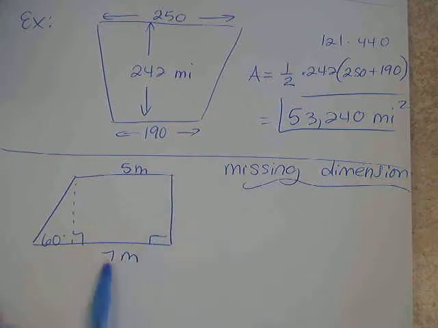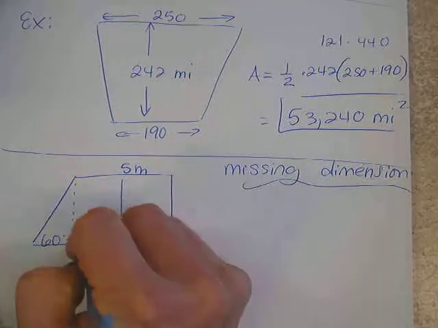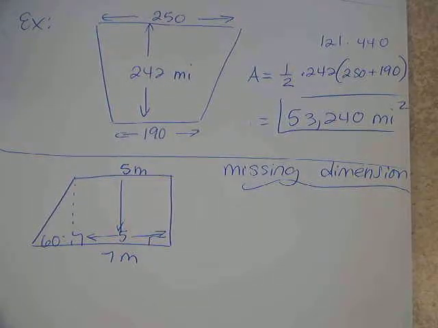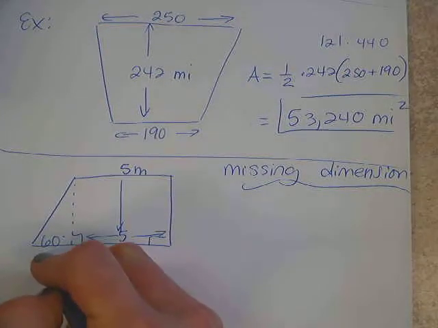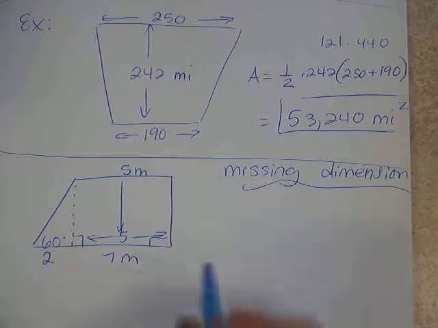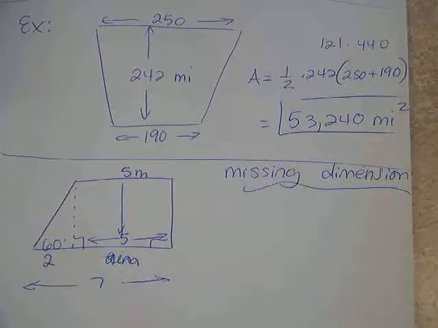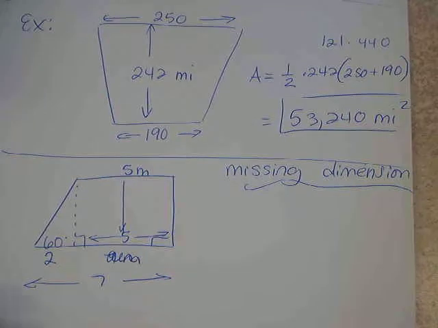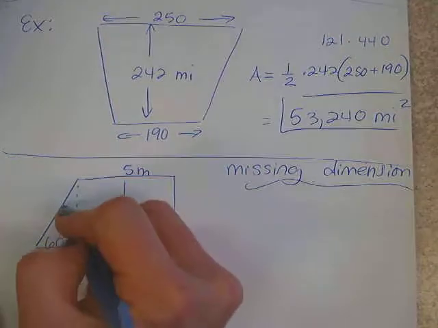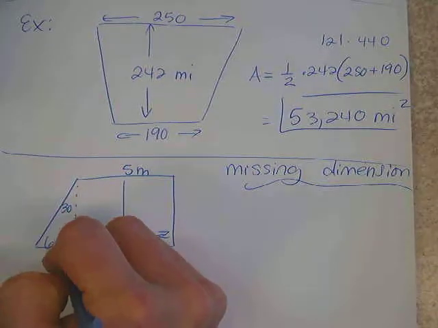You might still be thinking, well, I don't know anything about that triangle, but you actually do, because if these are parallel, if this is 5, then that piece would also be 5, right? So this piece from here to here is 5, which makes this one 2, the difference, because the whole thing has to add up to 7.